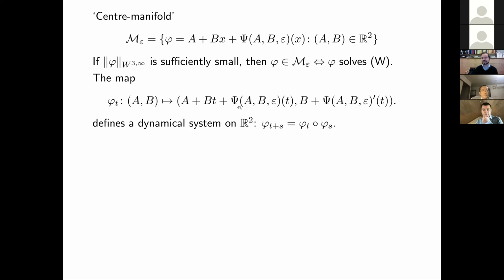It is a specific function, but it's something you don't know. It's not so explicit, but you can give a Taylor series expansion of it. Okay. I understand. Thank you.